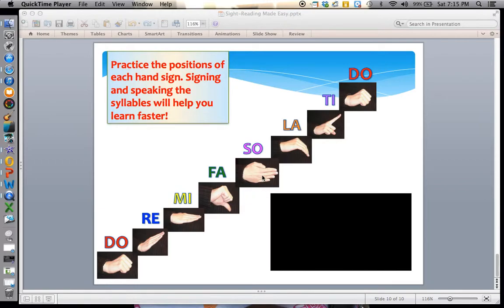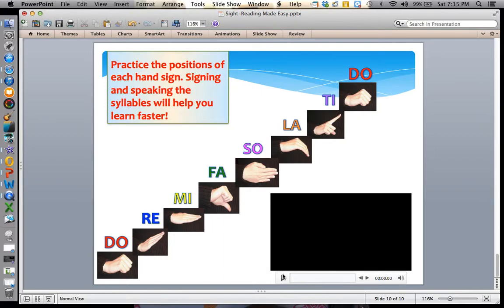Sol is with your hand facing you and the back of your hand facing your audience. La, your hand is cupped. Ti, it's like you're pointing to the sky. And do is the exact same position as the first do, the balled fist.